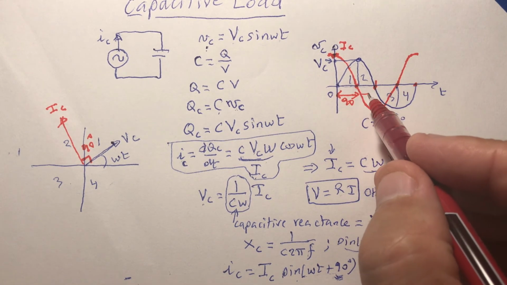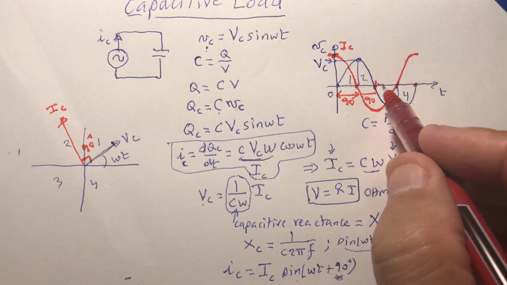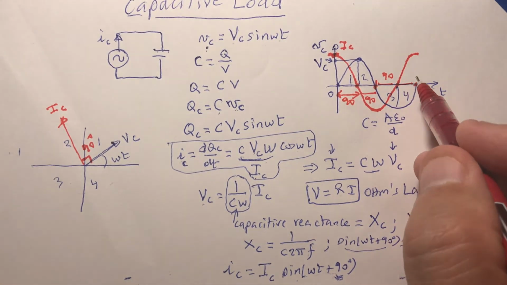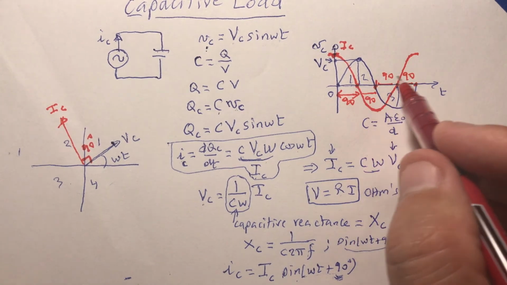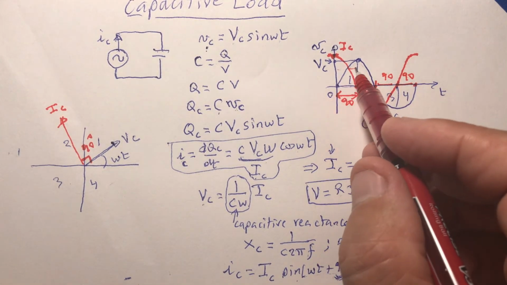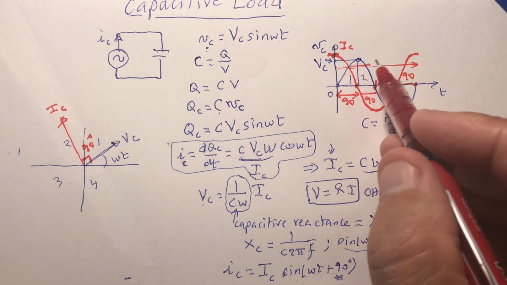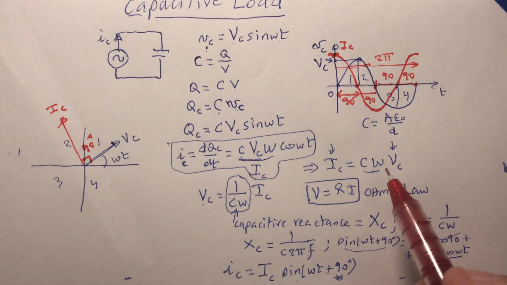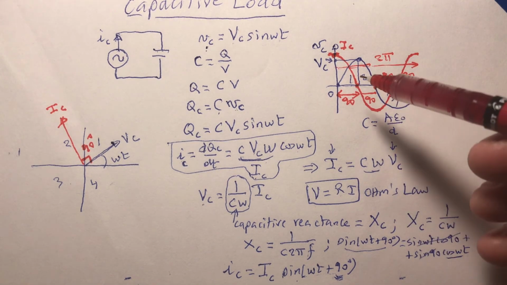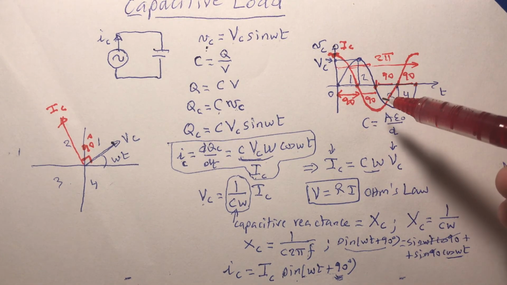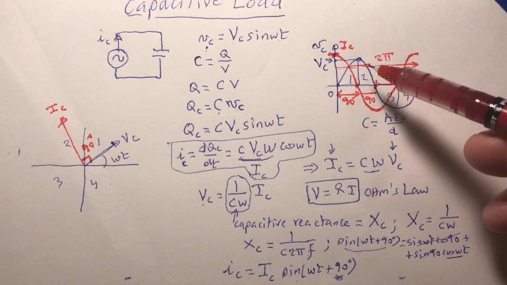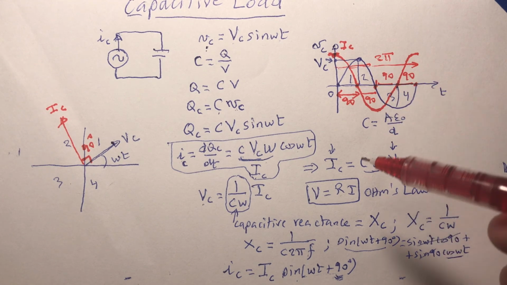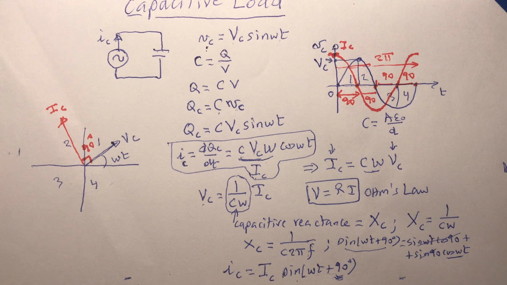We have 90 here, 90 here, and then 90. That gives us 4 times 90, 360. So this is 2 pi, which is 360 degrees. So you can see that the current and the voltage are not in phase. They are not coming together equally to the capacitor.